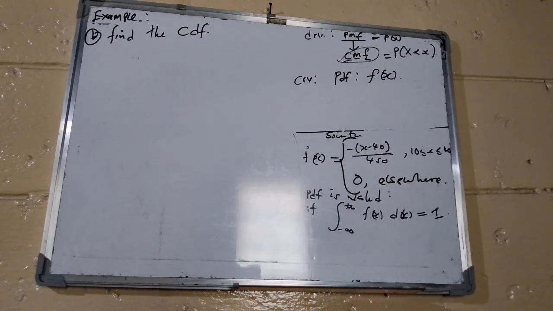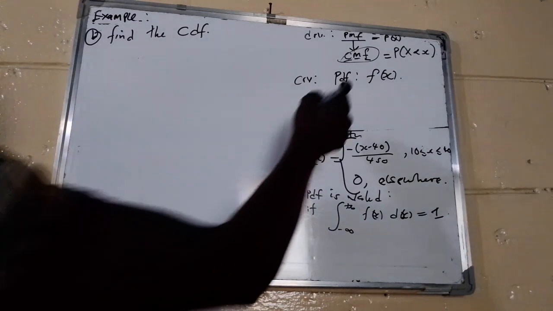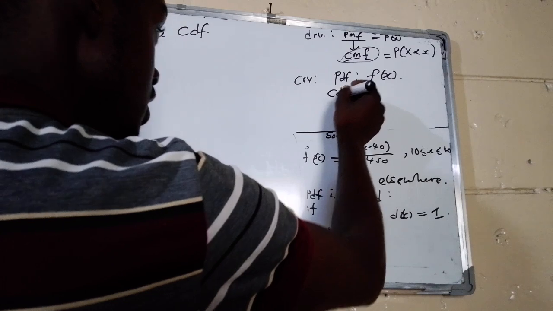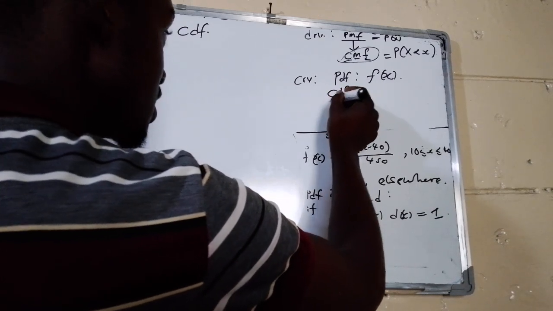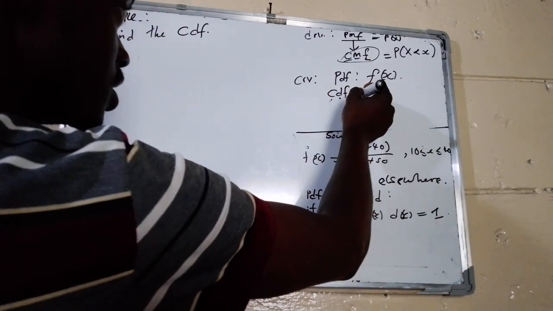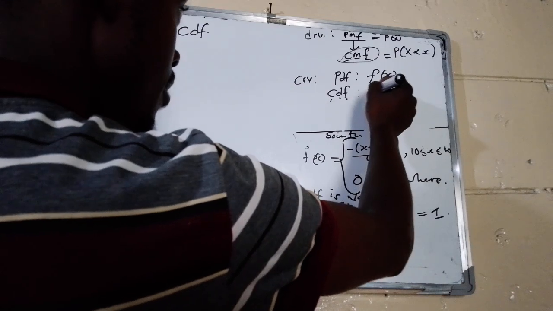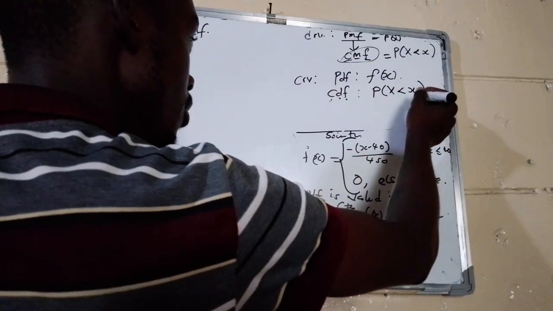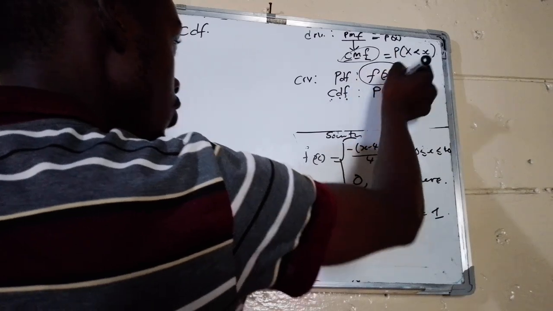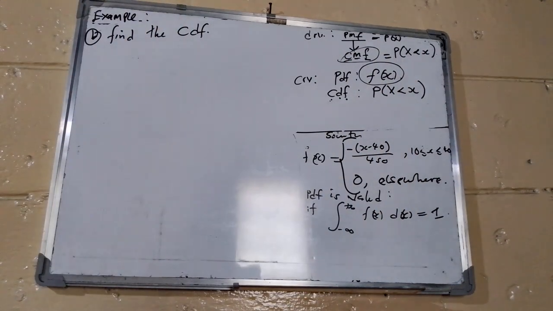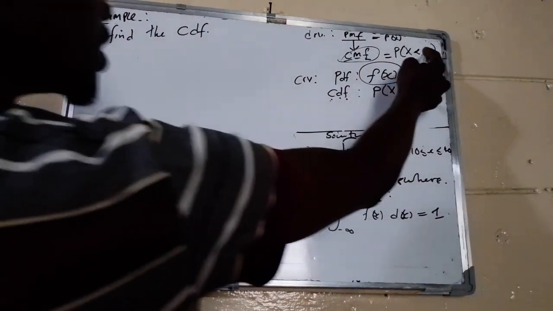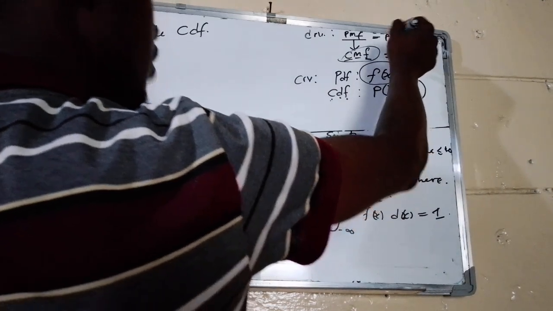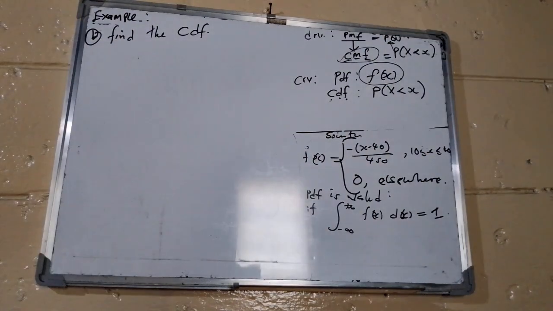So now the same is happening here when we want to find the CDF. The CDF is the cumulative distribution function, which is basically the probability of X less than x as well, but using the approach of f of x, which is the PDF. This was the probability of X less than x in the PMF. The CMF is coming from the PMF.